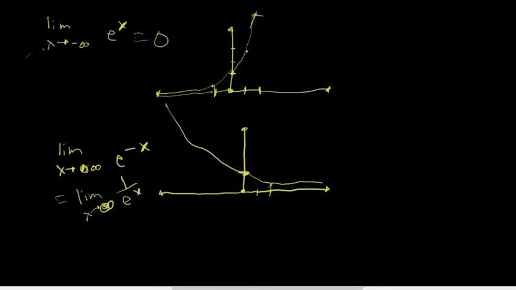So this just gets closer and closer to 0, like so. You can see for larger and larger values of x, e to the negative x gets closer and closer to 0. So the limit as x tends to infinity of e to the negative x is equal to 0.